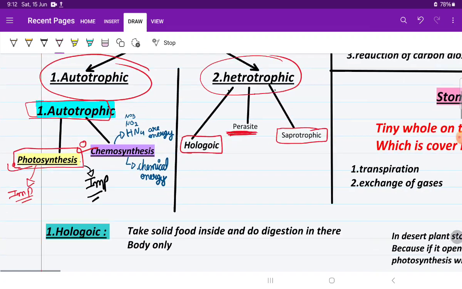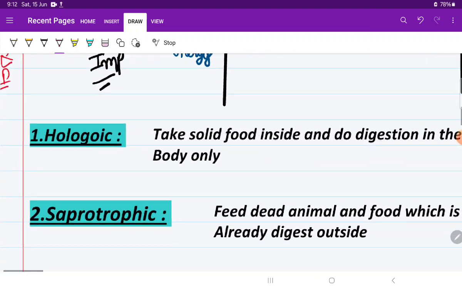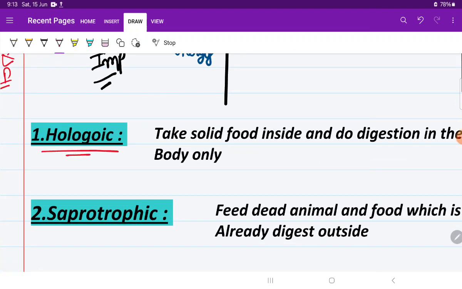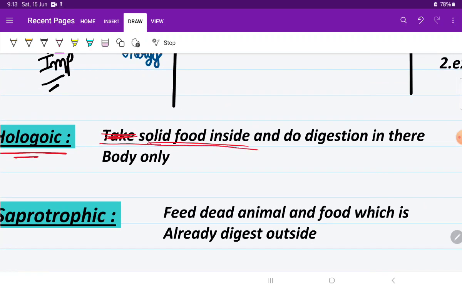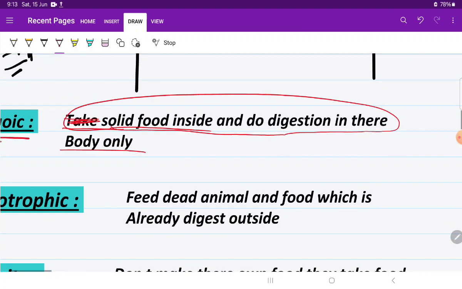Now let's first see heterotrophic nutrition. First, let's start with holozoic. They take solid food inside and do digestion in their body only. That means this is food, and this is one animal.